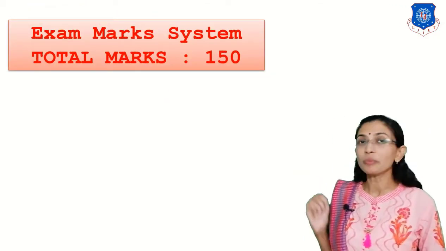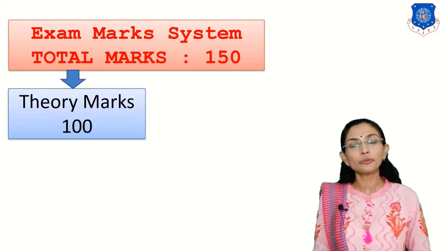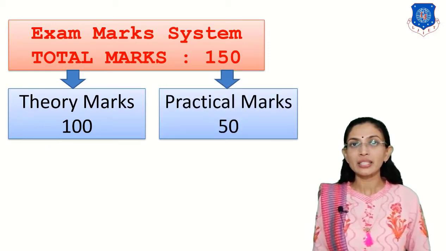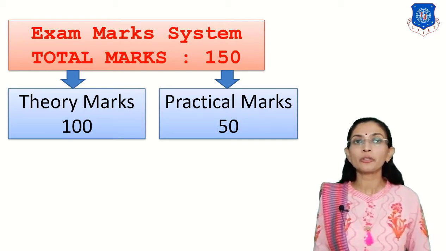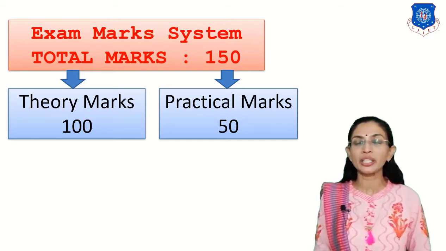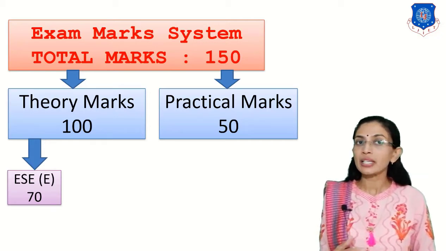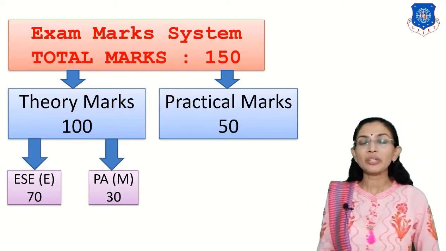Exam mark system. Students will get total marks out of 150. How is it divided? In theory marks and practical marks. Theory marks will be given out of 100 and practical marks will be given out of 50. Theory marks are again divided into 2 portions, that is ESE and PA.